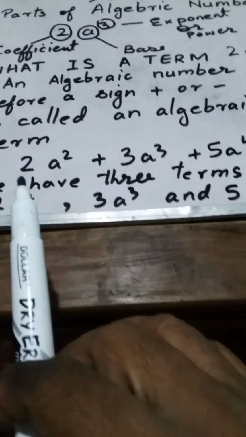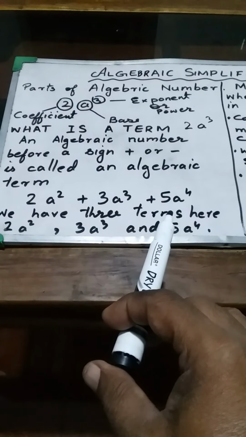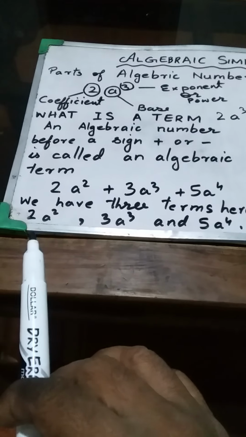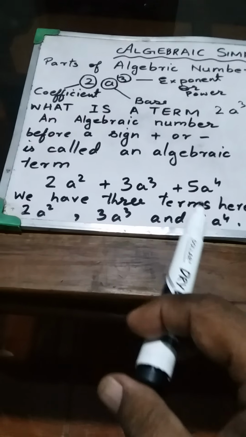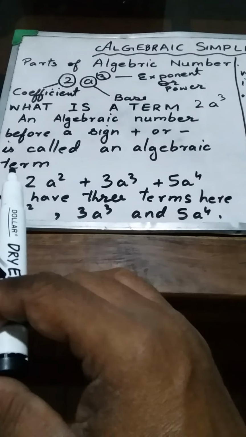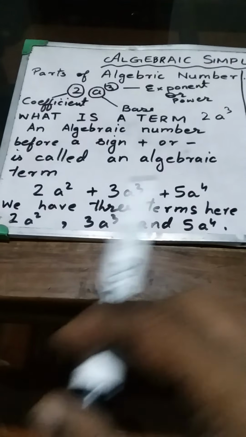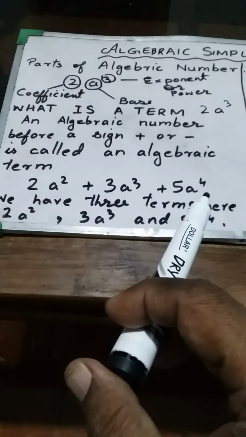there is an example given over here: 2a square plus 3a cube plus 5a4. So 2a square is a term, 3a cube is another term, and 5a4 is another term. If we want to add these values, we cannot, because their bases are the same but their powers are different.